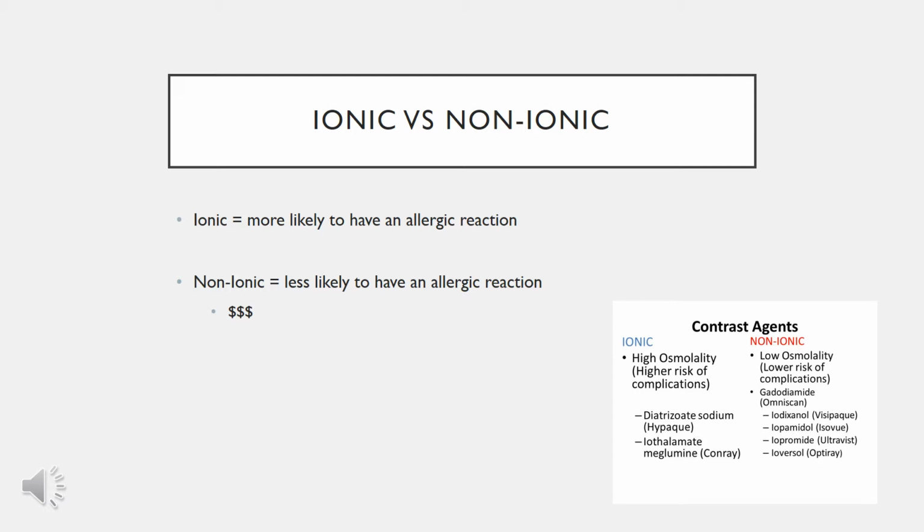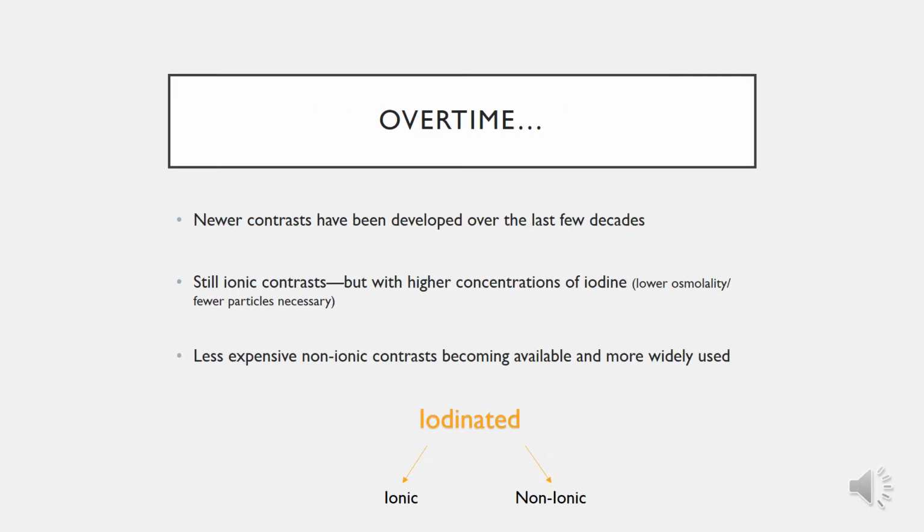So why don't we give non-ionic to everyone? It's that little thing called money. Non-ionic are going to be more expensive. However, newer contrast agents have been developed over the last few decades that are cheaper, less toxic, and therefore less likely to have an adverse or an allergic reaction.